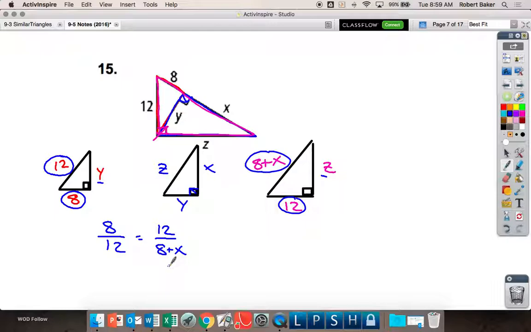Guess what? You can solve that. Are your 12s diagonal from each other? Yes. So you cross multiply 12 times 12. Cross multiply 8 times 8 plus x. That's 8 times 8, which is 64, and 8 times x, which is positive 8x.